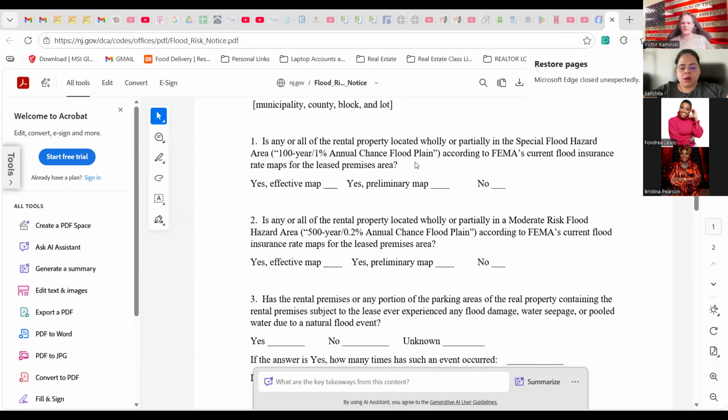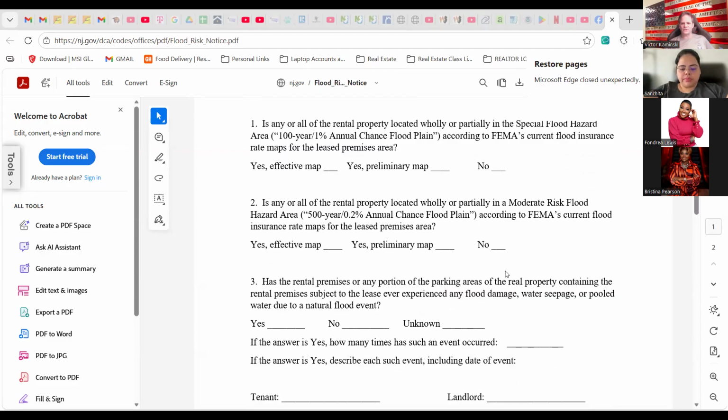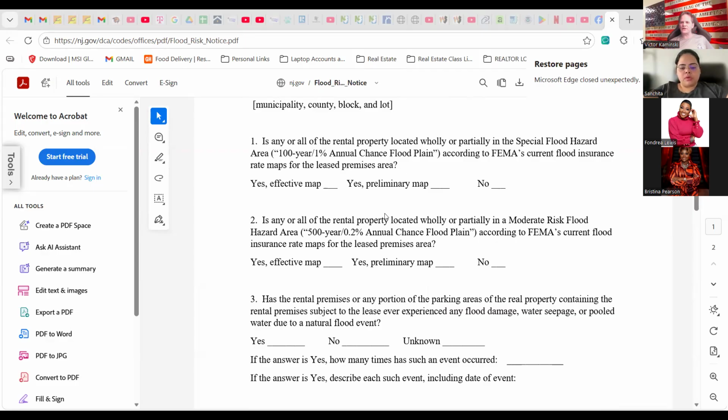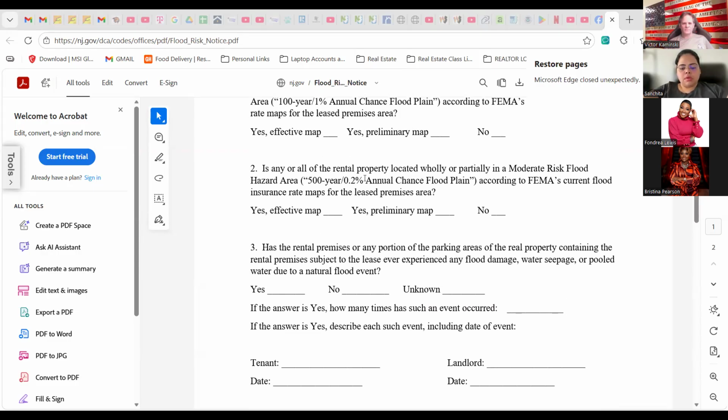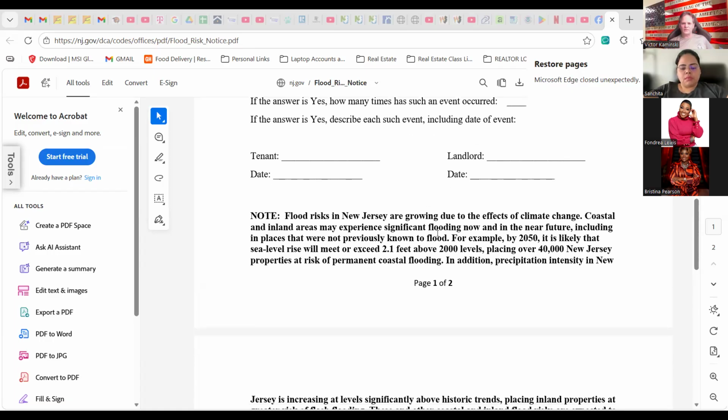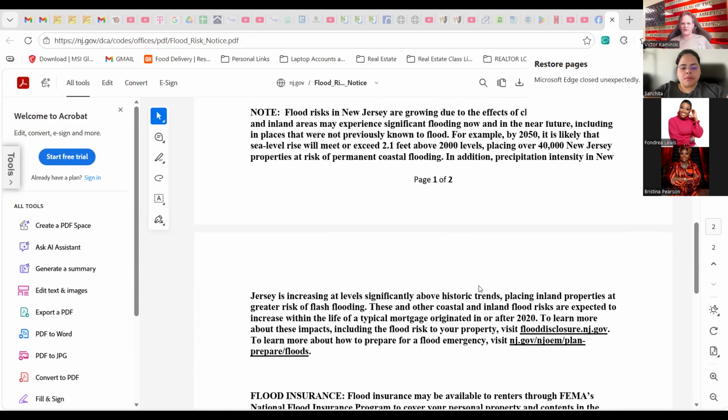Are they in a 100-year flood zone or a 500-year flood zone? 500-year flood zones don't require flood insurance. 100-year flood zones do. That just means that the property is likely to flood at least once every 100 years or at least once every 500, so there's less of a risk of a flood in the 500-year flood zone than in a 100-year flood zone. Has the rental property been flooded at all? And then the landlord needs to sign off on this.